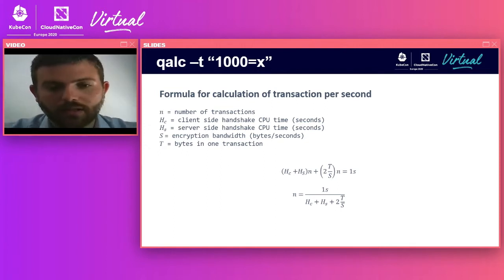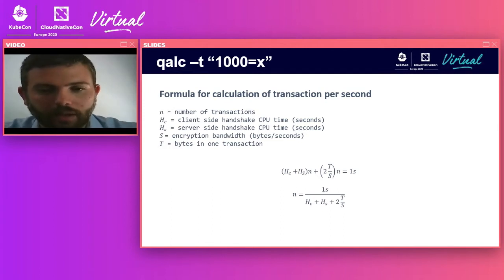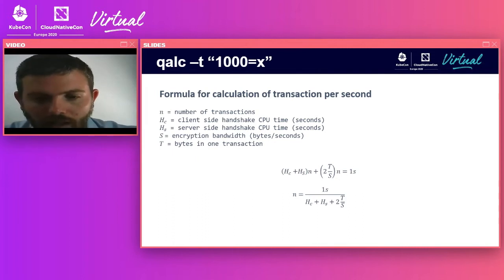So using this formula, I could represent what we need to know and what we need to calculate. On the one hand, you can see here in the first line that I begin by calculating the time we need for the handshake, both on the client and server side, and on the left side I've added how much time I need for encrypting and validating the application protocol messages for TLS.